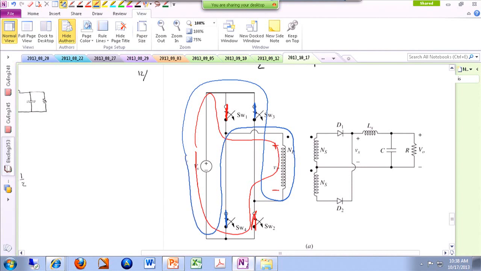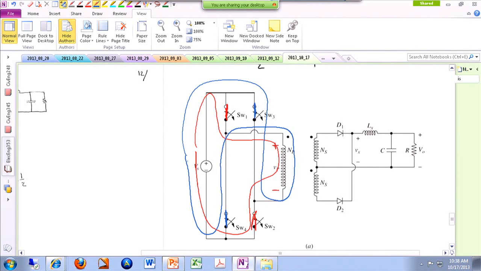So we have like a twisted kind of a loop. And if you look, V primary is negative Vn. Kind of like the trick that we were doing for the push-pull converter. One time you're applying a positive voltage, the other time you're applying negative voltage, and then everything is symmetric.